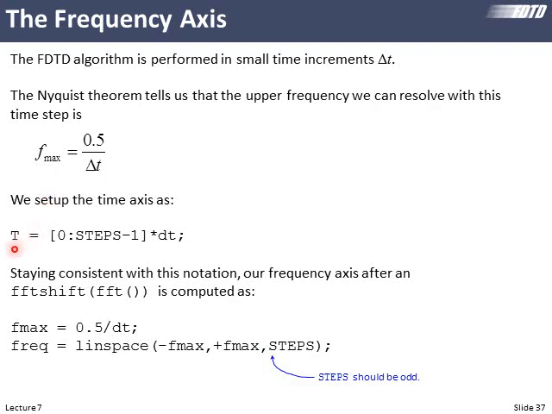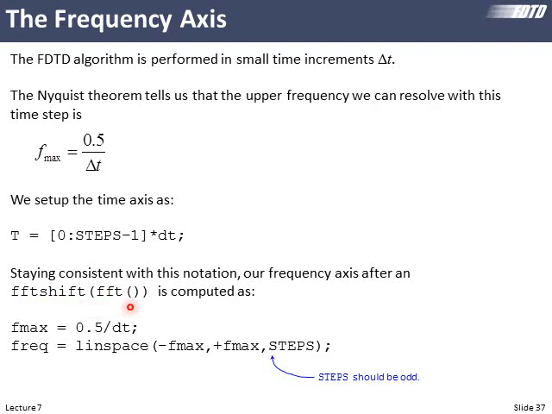So if we set up our time axis this way, we're going 0 to steps minus 1 and steps of dt, this will give us an array telling us what time each of those time steps happen. Then we record our field, we Fourier transform them, and when we Fourier transform them, we not only use an FFT, we use an FFT shift. That places the DC component in the middle of the array instead of at the edge. So it looks a little bit more pleasing.